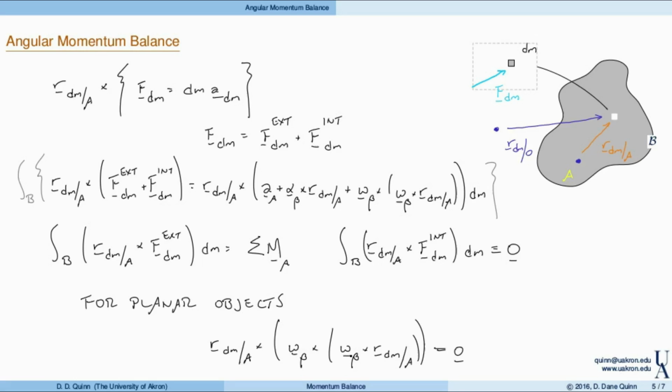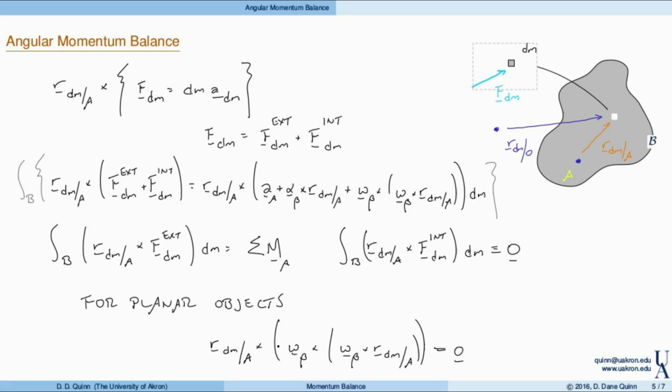And the reason is that omega cross r, again, if omega is out of the plane and r is in the plane, that is something perpendicular to r. And then we take another cross product with omega. Remember, the centripetal acceleration was directed opposite to r dm with respect to A. So now this vector is parallel to r dm, and we're crossing that with r dm itself, right?